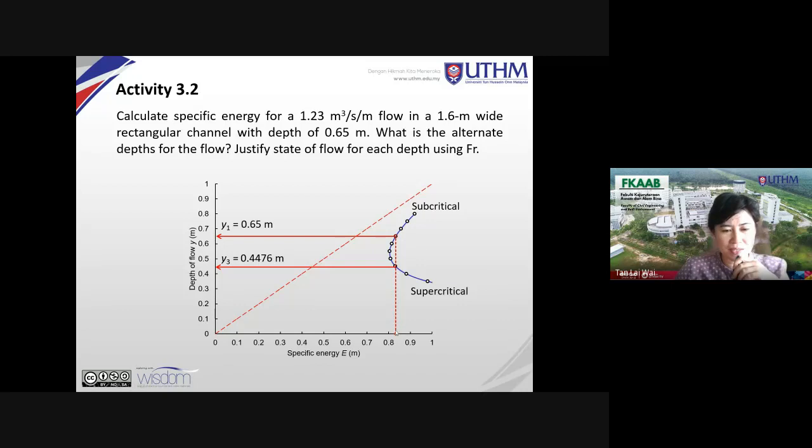Using this specific energy, you can get the alternate depths of flow. Then you have to justify what state of flow. Normally the lower depth of flow would be in supercritical state, and the higher depth of flow would be in subcritical. In this case, you need to show the Froude number to justify it.